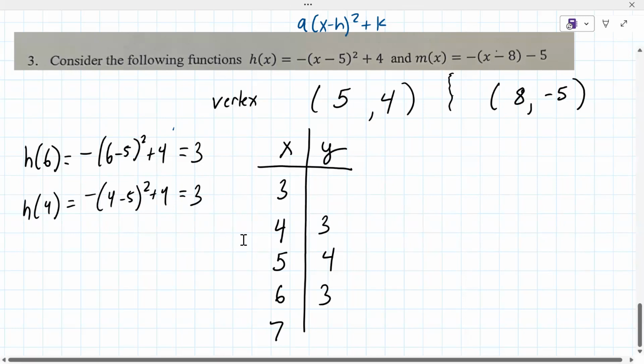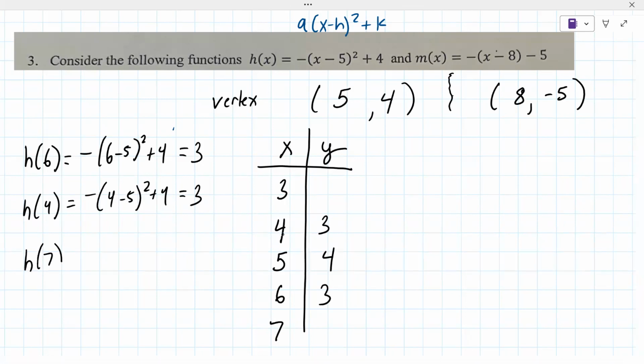Okay, so you don't have to do all of them. You just have to do whichever one correctly. All right, so will you try h of 7 for us, please?